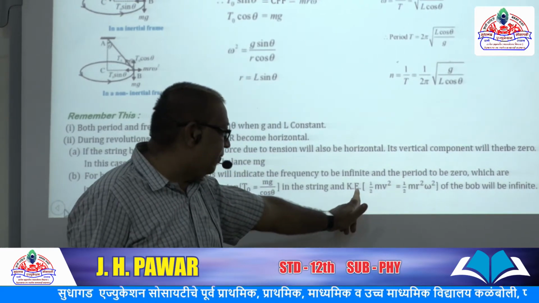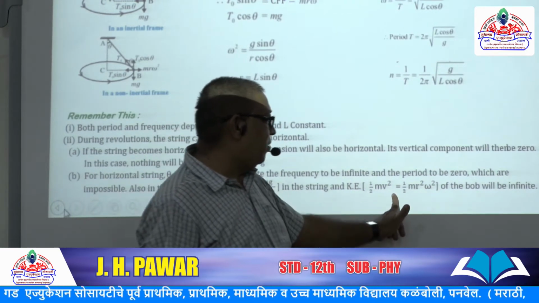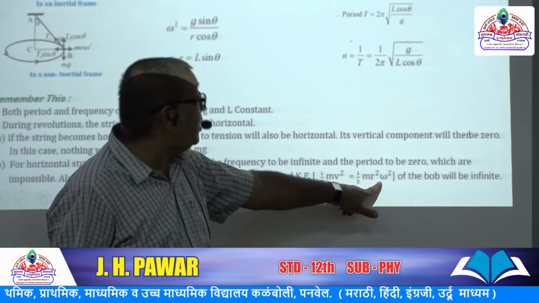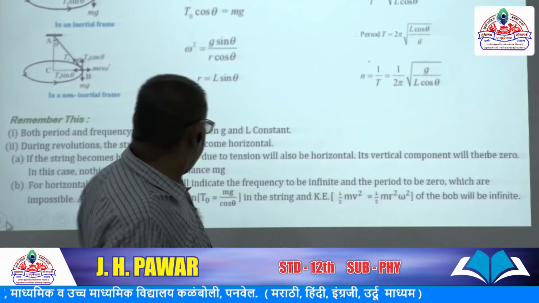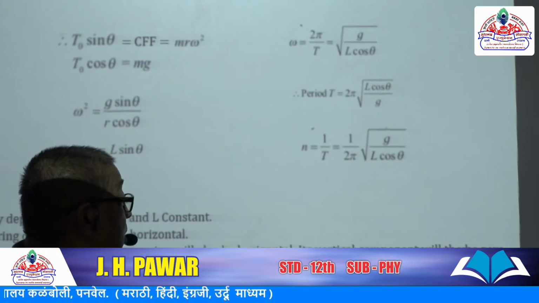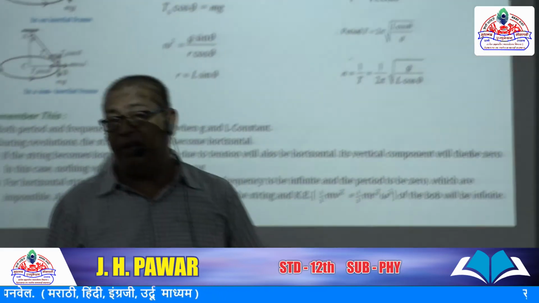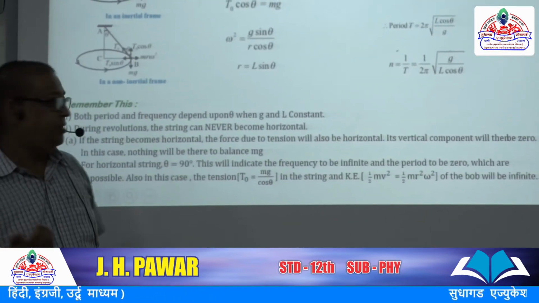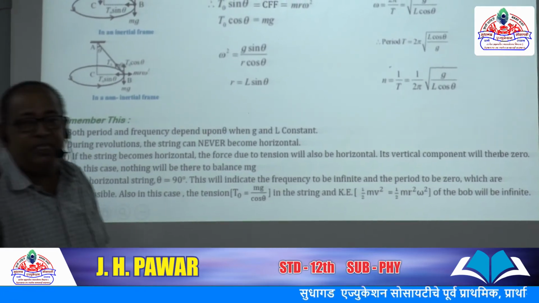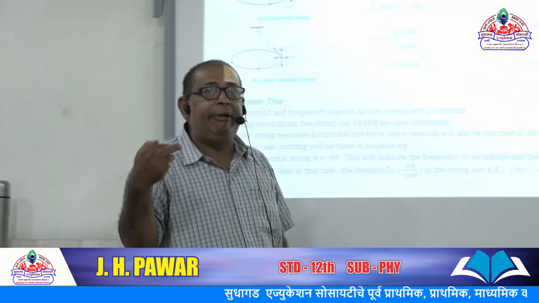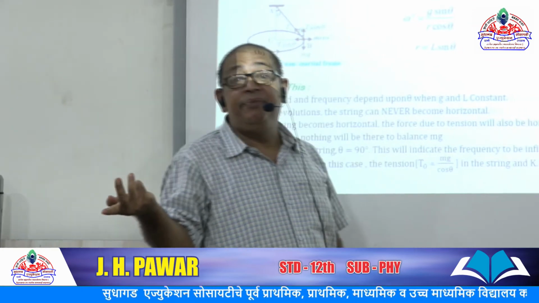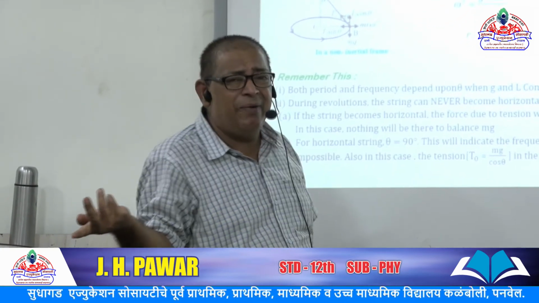Kinetic energy equals half mv square, or half m r omega square, where omega is 2 pi upon T. As the period is 0, kinetic energy is also infinity. We can say the period becomes 0, frequency becomes infinity, tension becomes infinity, and kinetic energy also infinity. It is never possible.